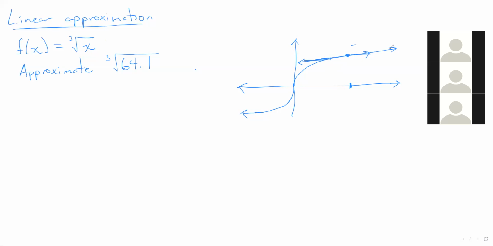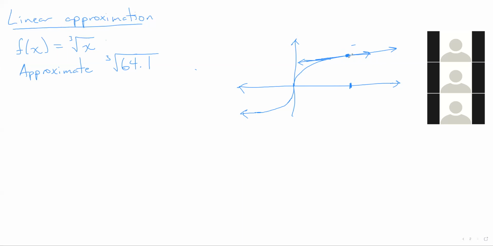The point that I bolded in here is both on the line and the curve. What else do the line and curve have in common here? Not just that location, but what else? The same slope. The same slope.